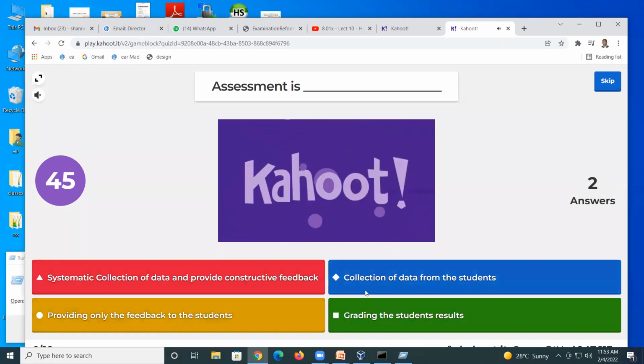If your answer is red, click the red button; if blue, collection of data. You can see my screen and answer there. Yes, there are 11 participants, but I got only 5 answers.